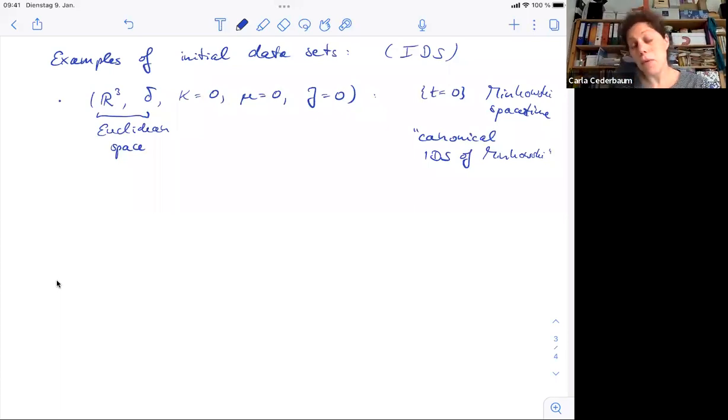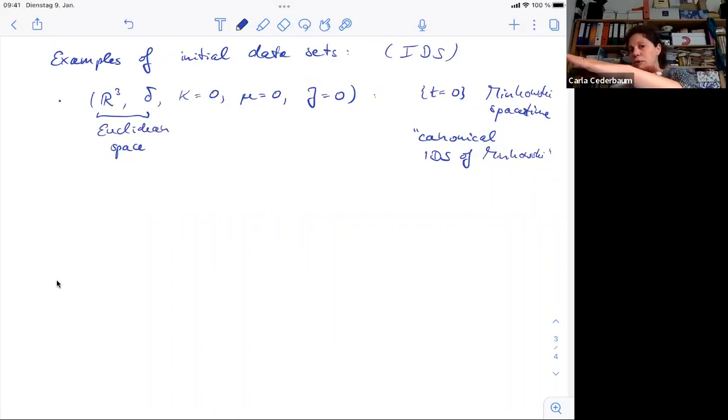Some of you, and probably most of you who studied special relativity, and think of the notions I just gave you, K and mu and J and g also, might understand the following. If I take Minkowski spacetime, so I have my space here and my time here in these Minkowski coordinates, and then I boost my t equals 0 slice to a boosted time, then again this boosted initial data set is going to be Euclidean space as a Riemannian manifold, having K equals 0, no extrinsic curvature, flat also from an exterior perspective, and also vacuum.